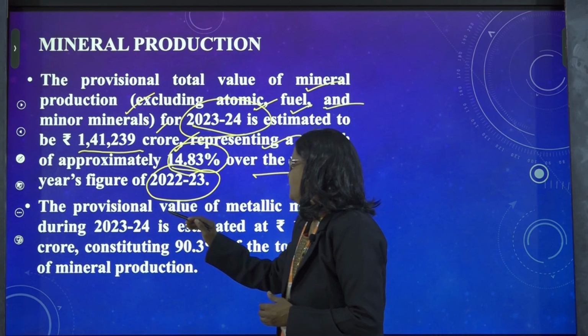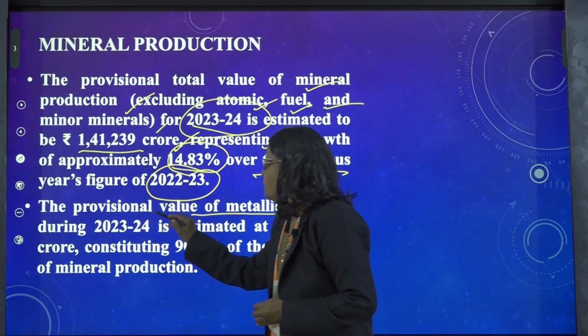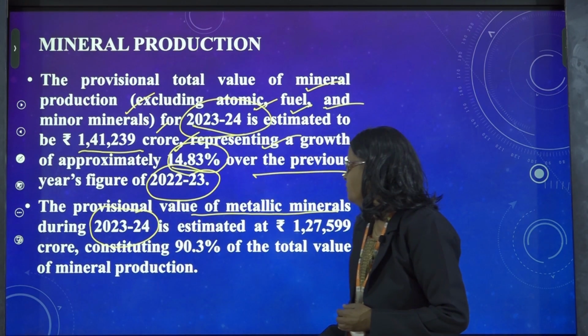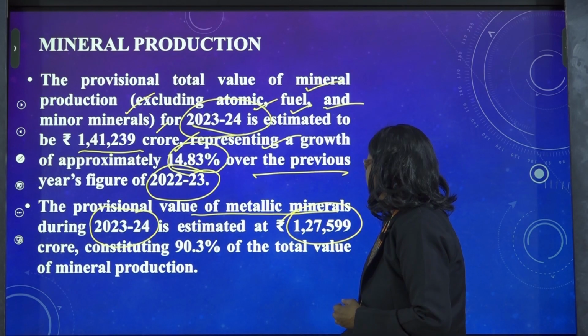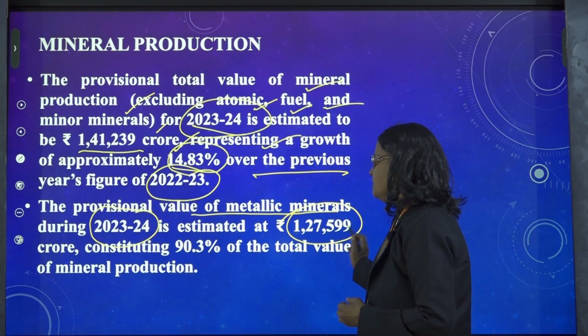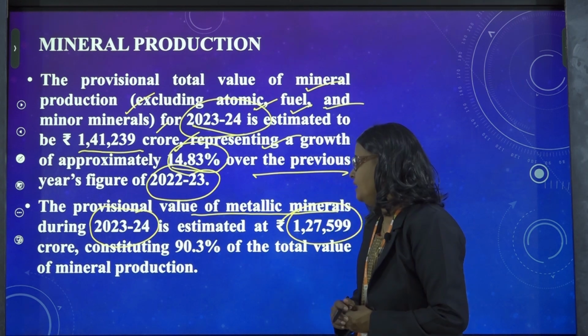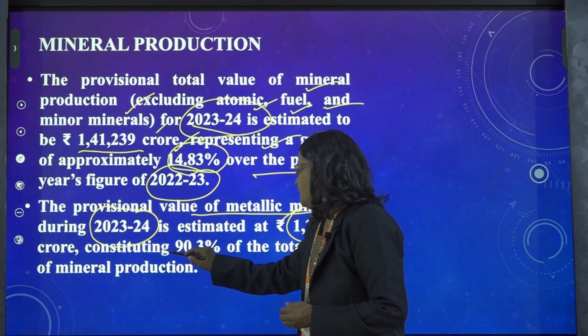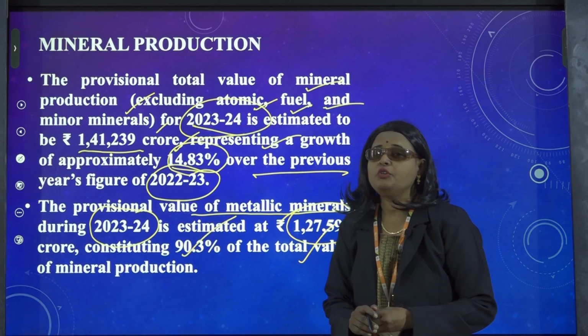Now, the provisional value of metallic minerals during 2023 to 2024 is estimated at 1,27,599 crores. This is metallic mineral, constituting 90.3% of the total value of mineral production.